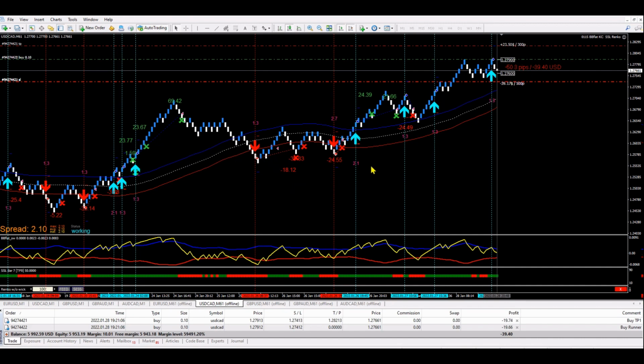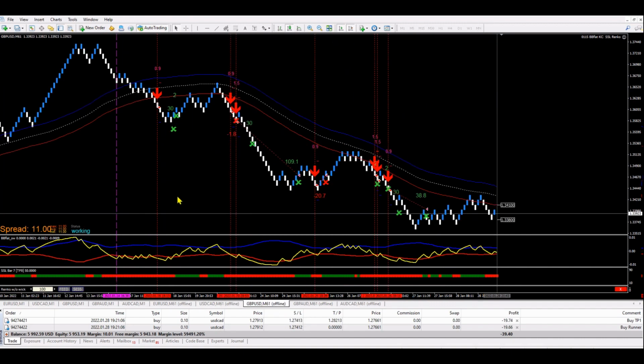So that tells me that I may have to look at this algorithm a little bit because even though our SSL was confirming these shorts, they were not successful. So these are the kind of things I look at when I do my review. And I'm going to go through some of these in more detail.